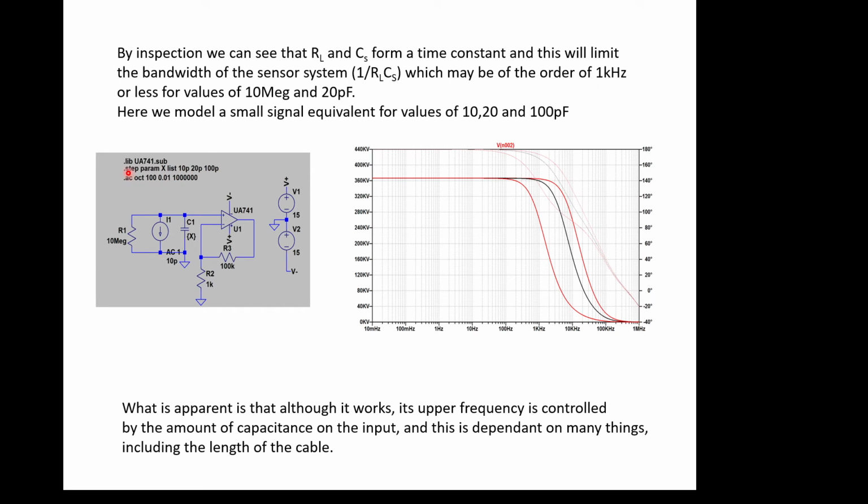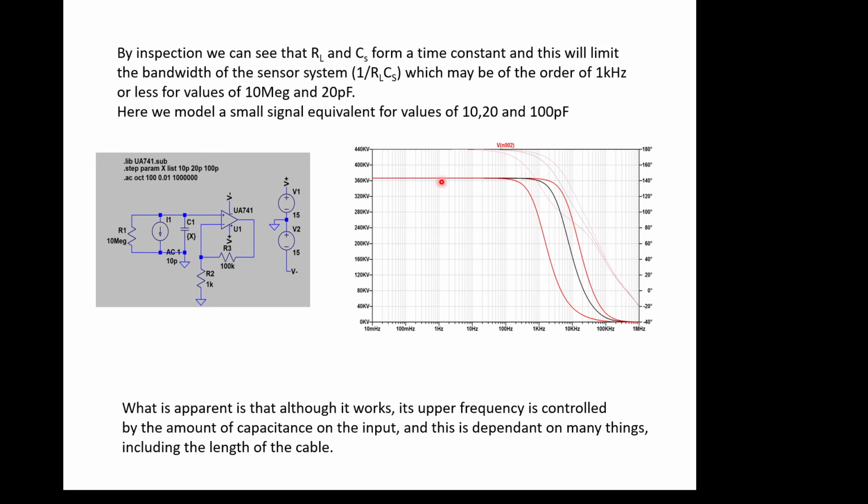So this is telling SPICE to step this parameter x in the list of 10 picofarads, 20 picofarads and 100 picofarads. So it's going to run the simulation 3 times with these 3 different values for the capacitance in here, and we're going to run it from 100 hertz up to about a megahertz. And this is what you get.